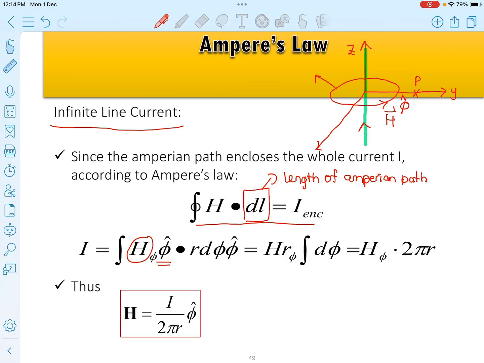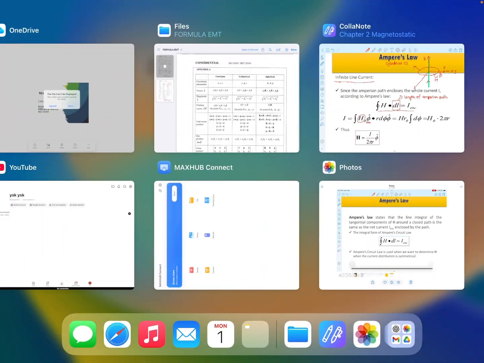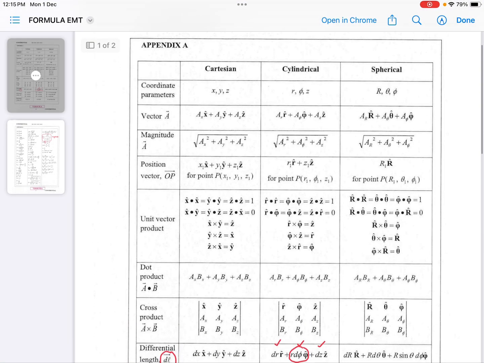So here we need to fix a coordinate system which can describe the length of this Amperian path. In this case, I choose to use a cylindrical coordinate system.